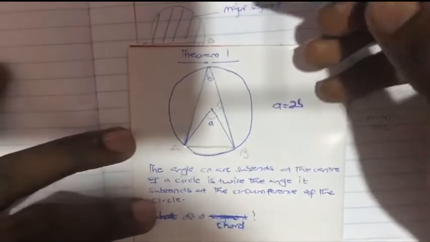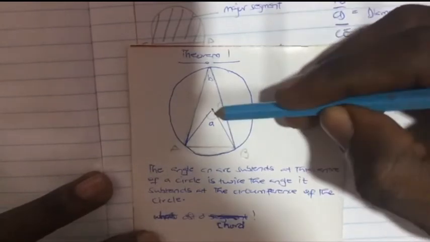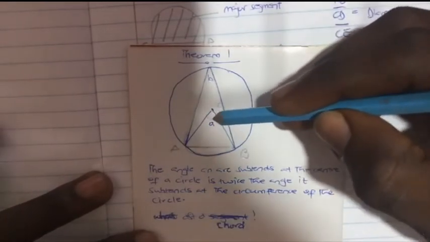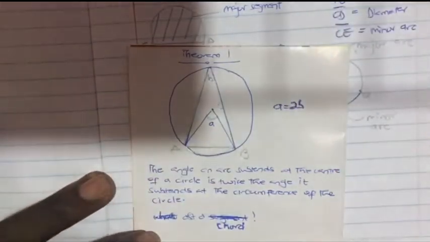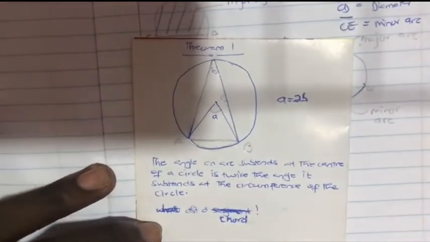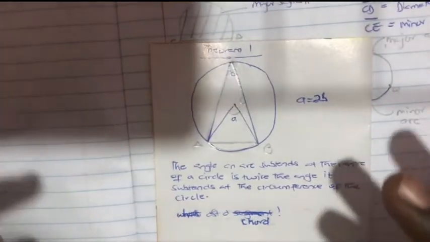So you can also say that the angle a chord subtends at the center of a circle is twice the angle it subtends at the circumference. Kindly note that. This is a rule that has been established, so let's find out whether this rule is true. Let's play around to understand. That's the first rule.